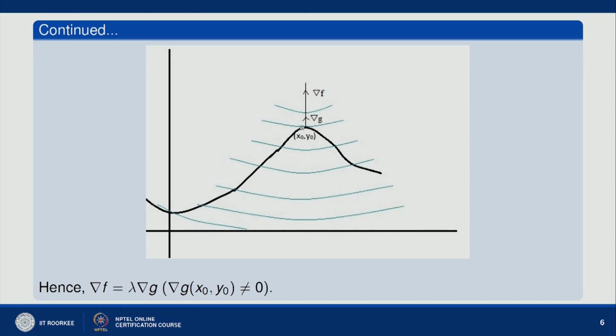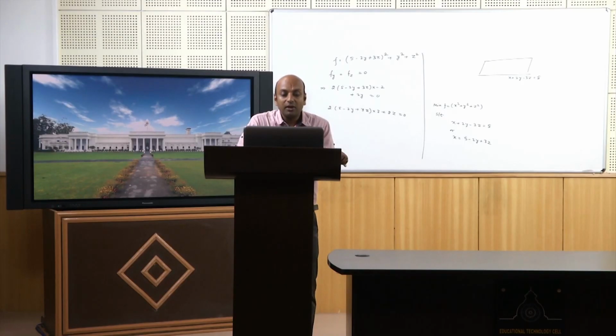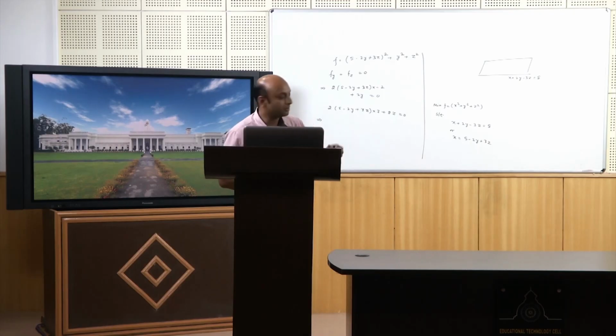Suppose this is the point of local maxima where the function attains its maximum value. Then if you go into the region below the curve, the value of the function will decrease continuously. So, this can be understood by following the first example.